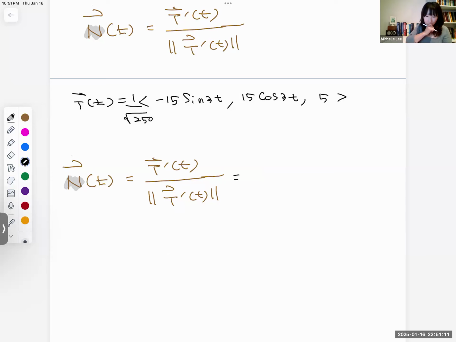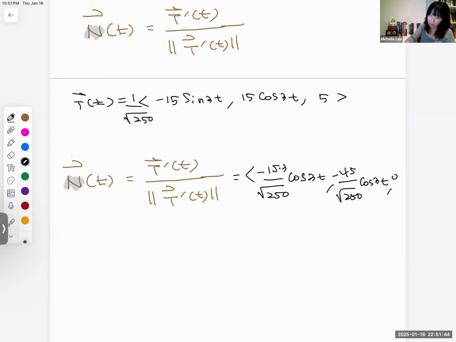So we get negative 15 over square root of 250 and cosine 3t times 3, right? And 15 times 3, 45, negative 45 over square root of 250 cosine 3t, and then 0 over, let's say using t equal to 0, right?